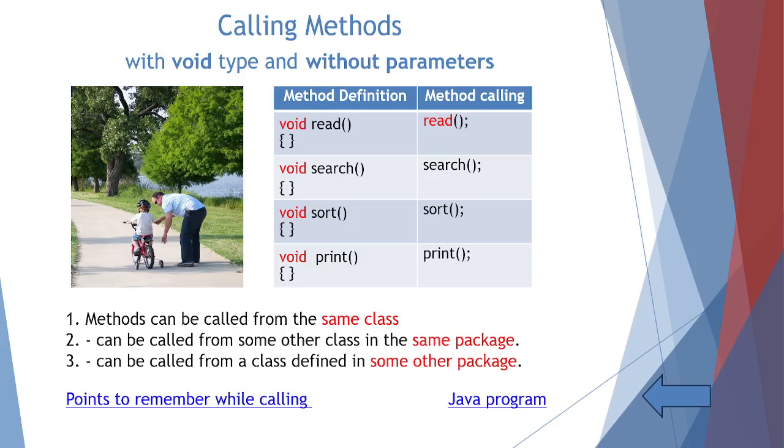Void search definition, just call search. Sort, call, and so on. Now, these methods can be called from the same class, same package, or some other package. So, we will see two things here, points to remember while calling in Java programs.